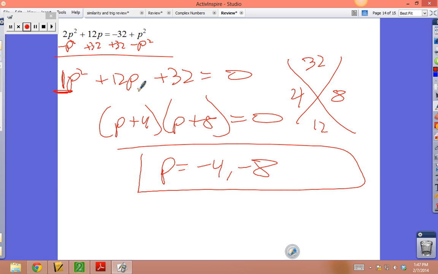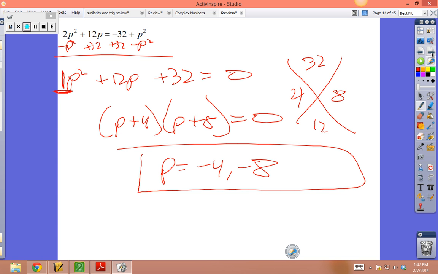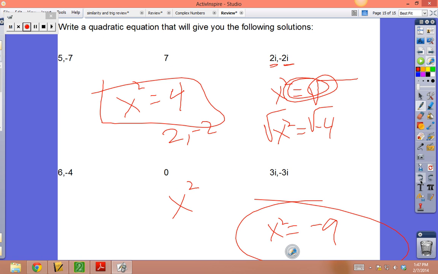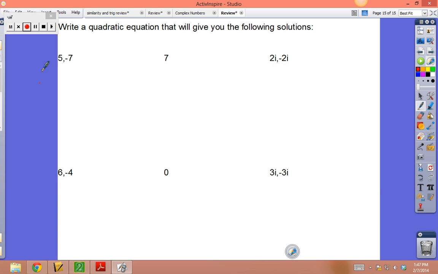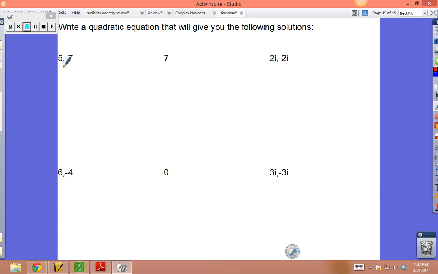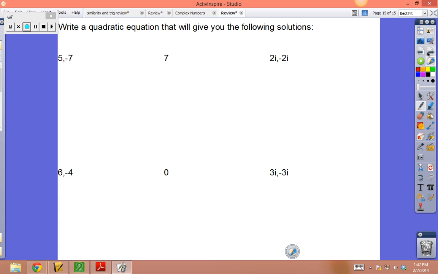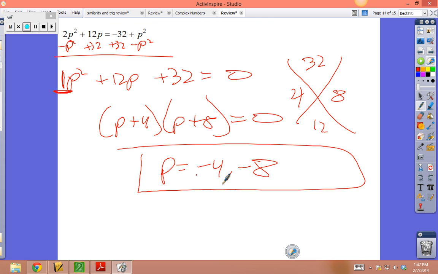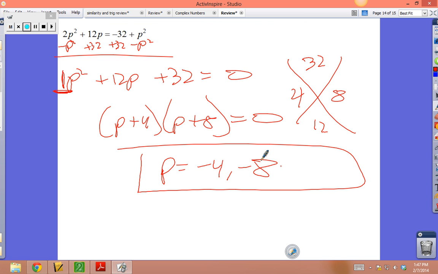Sergio, last page. Let's go backwards. If I give you the solutions, can you give me the equation? So Sergio, we're going to look just like here. These are the solutions. What was the step right before this?